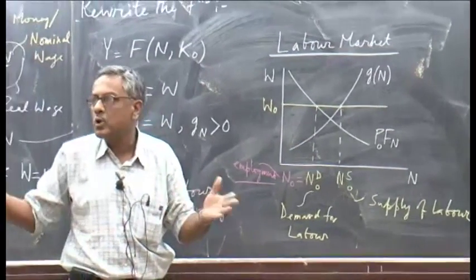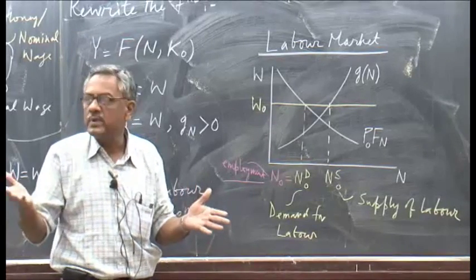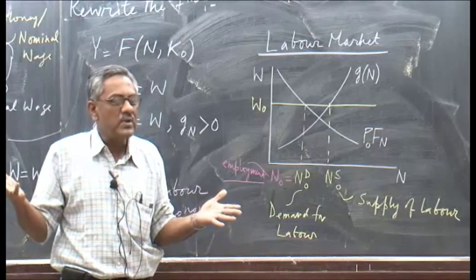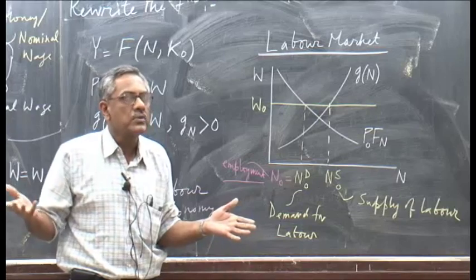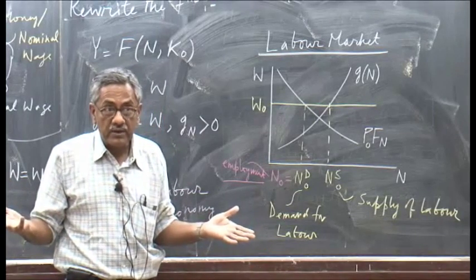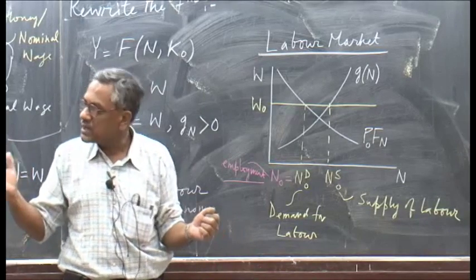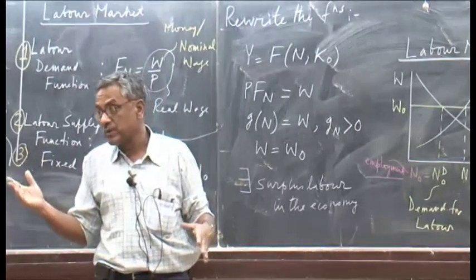Companies may be asking for more people, maybe 1,000 people, but only 600 people are available. So 600 will be employed. So the employment number is 600, not 1,000. What the company wants, the company doesn't have that many workers in the market. All right? So the short side of the market would decide the value when you have a disequilibrium.